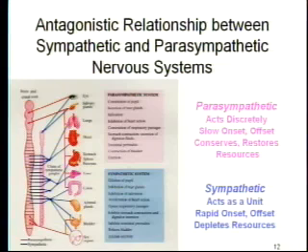But in any event, while it's on, it is depleting resources at a fairly rapid rate. So very quickly after the arousal of the sympathetic nervous system, the parasympathetic nervous system kicks in to begin to tone things down a little bit.